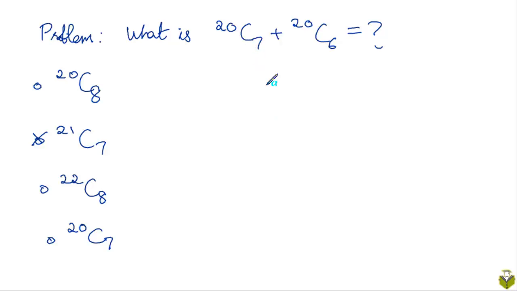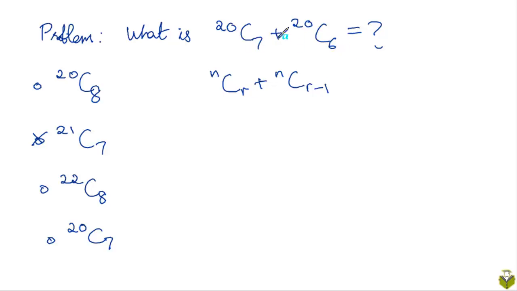The answer is pretty straightforward. You just have to apply the formula. So I'll write it down again. We covered nCr plus nCr minus 1. This is the form you have to recognize: you have 20 choose 7 and then 20 choose 6, right? So this is r and r minus 1.